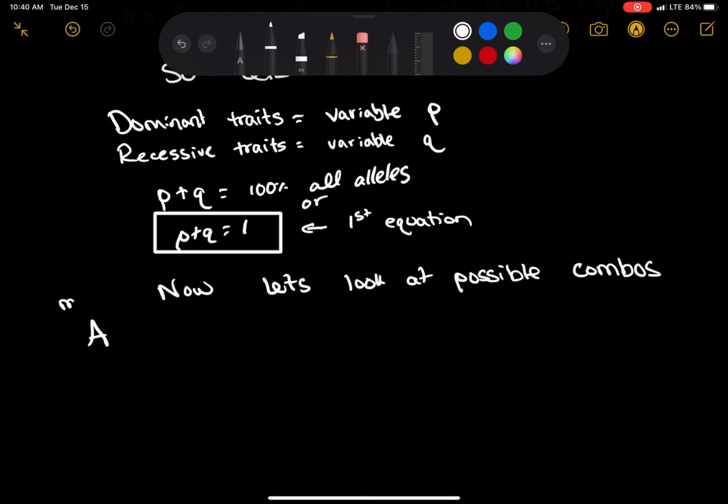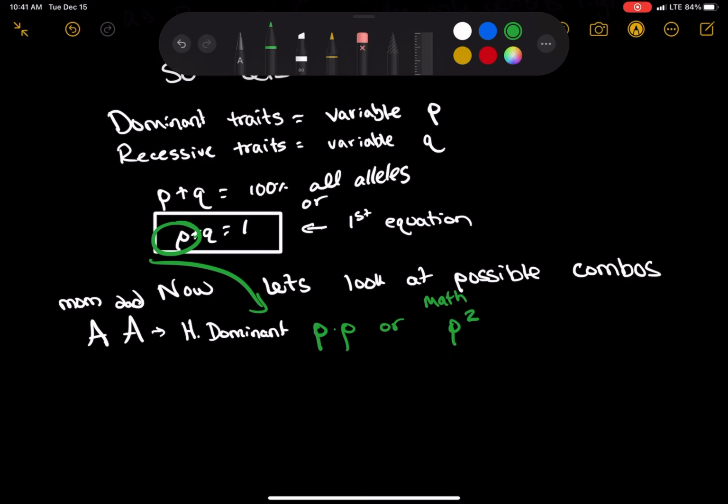Now let's look at how we combine all these traits. Before, we got one from mom and one from dad, and we wrote it big A, and we called that homozygous dominant. Now we're using P's, so this would be PP, or in math, P squared. Same thing for Q. Little a, or homozygous recessive, would just be QQ normally, but now we write it Q squared.